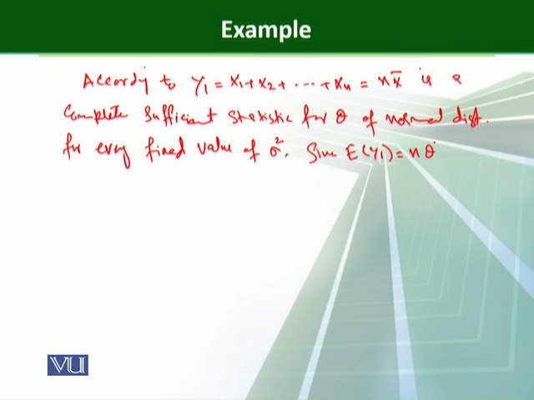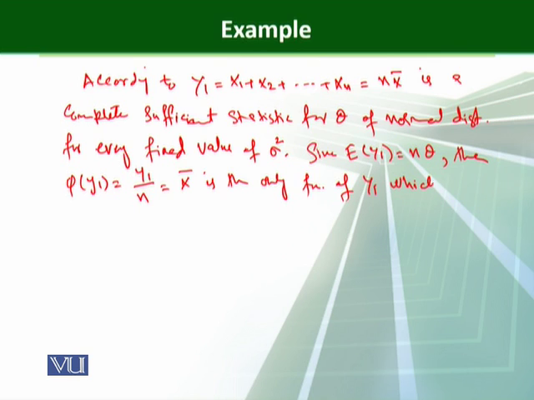And since the expected value of Y1, that is the sum, is basically n theta, the function of Y1 represented by phi of Y1 will be Y1 over n, which is x bar, and is the only function of Y1 which is an unbiased estimator of theta.